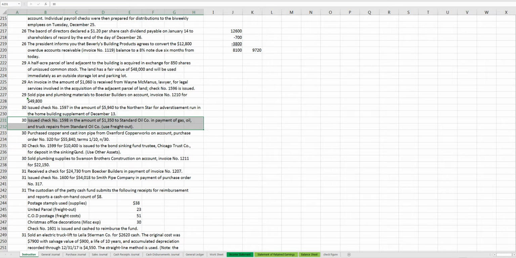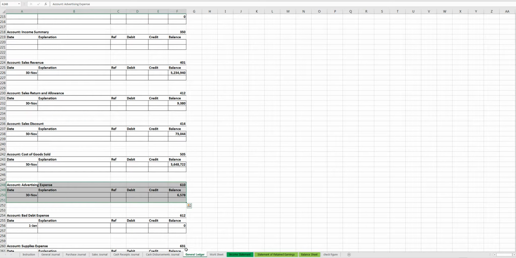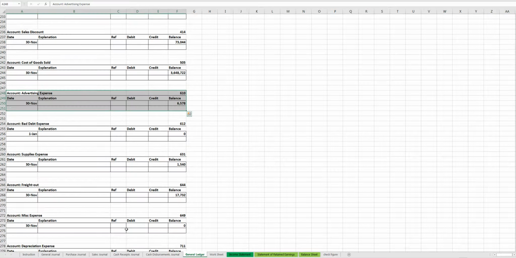All right, next we issued a check. Again, another cash disbursement transaction. Issued a check to Standard Oil in payment, right, for gas, oil, and truck repairs. Use freight out, which is a transportation account. If we check the general ledger, that's freight out.